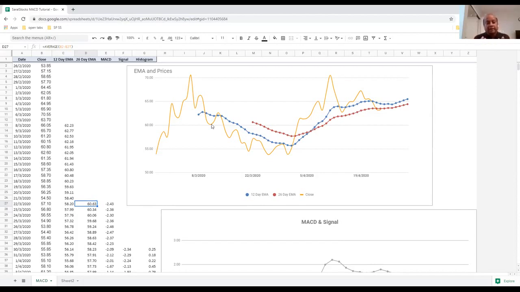The reason is any change that happens in the stock price today will reflect more on the 12-day moving average than on the 26-day moving average. Simple mathematics: the average of a large number of samples will always be dampened by the number of samples you have. Whereas if you have a smaller number of samples, it is very easy to skew that number quickly, right?